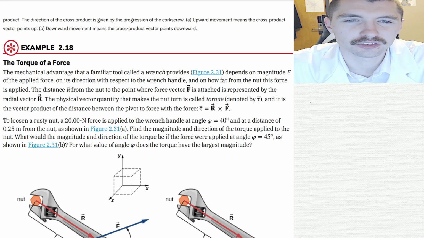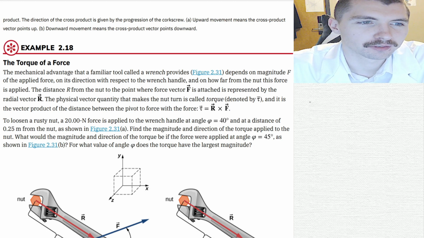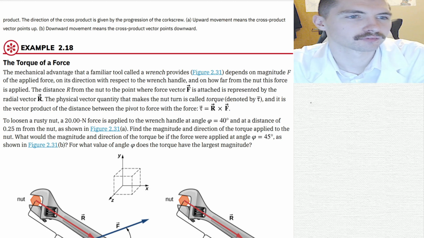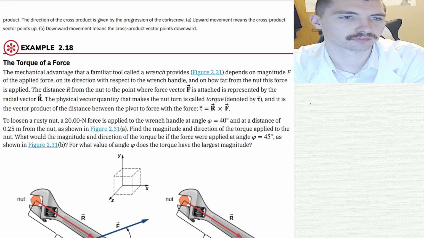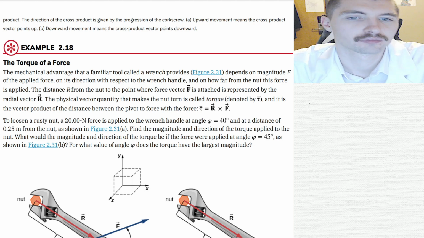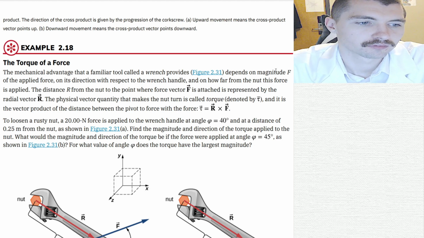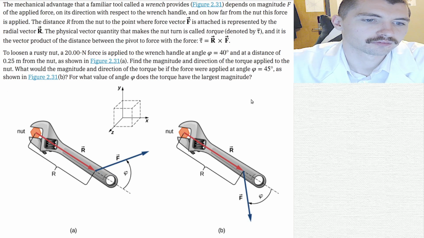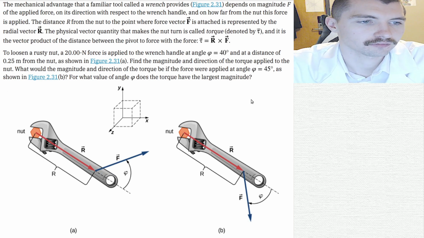Why doesn't it just say work? So torque is tau.